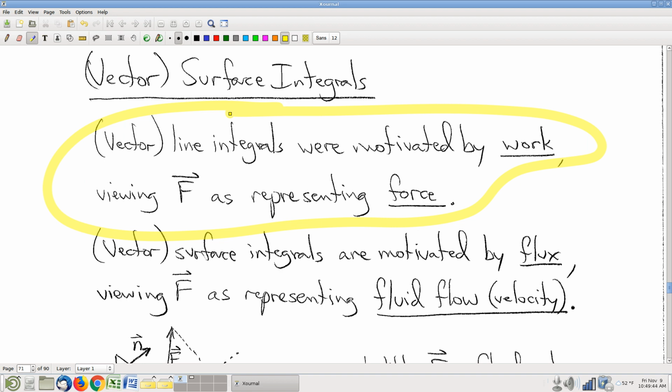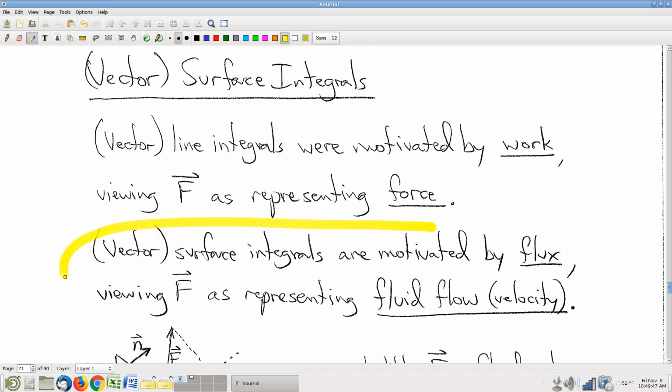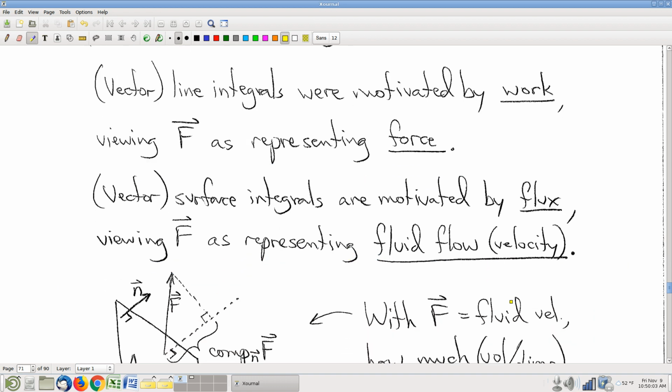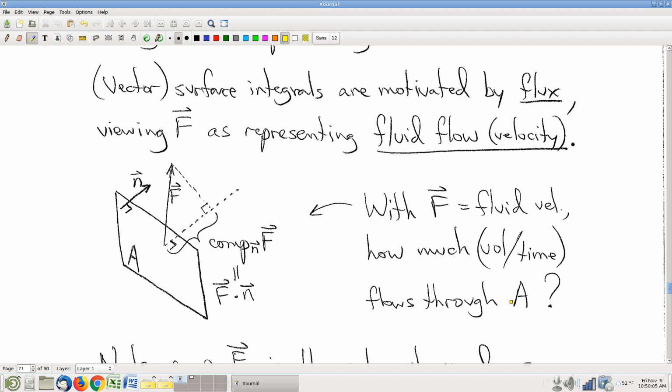Right? On the other hand, in different contexts, you want to think of the vector field in different ways. Here, again, just like we have been, this is just a reminder, we want to think of the vector field as representing the flow of a fluid. The big difference is that now we are looking at the flow of a fluid in space, right?